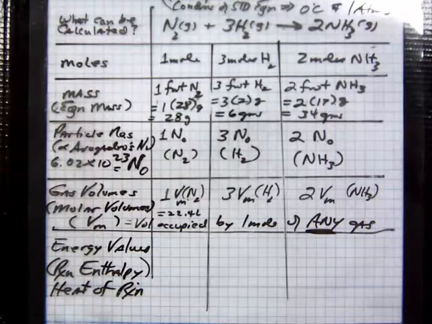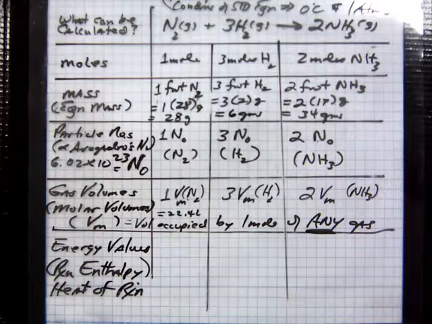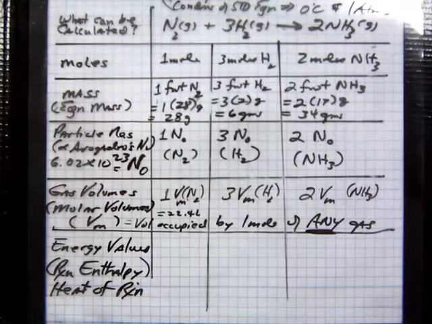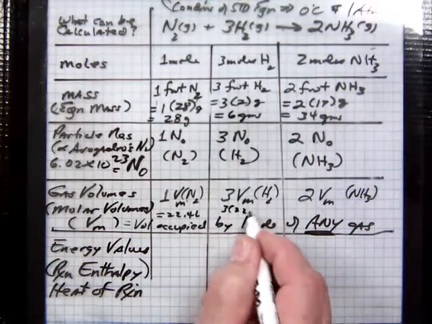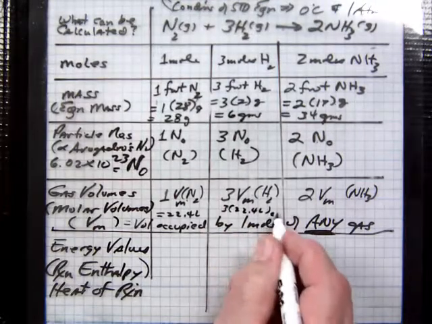There's a lot that goes with that, but if you boil it down, the volume occupied by 1 mole of gas is a Vm. At 0 degrees and 1 atmosphere, it's 22.4 liters. Anything else that goes with it will come up in the next chapter. Here we have 3 times 22.4 liters at 0 Celsius and 1 atmosphere.